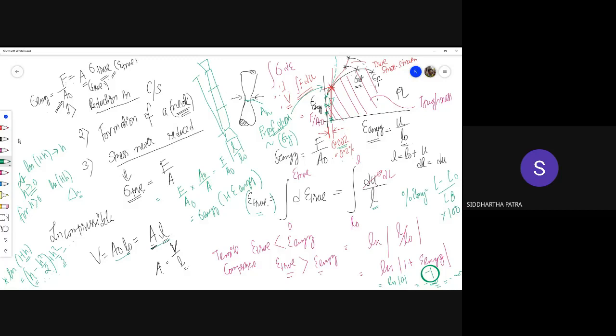So for percentage reduction in cross section, what we do is we take the original cross section area, subtract, because the original cross section area is the larger quantity, the narrowest part of the neck, and divide by A0 and then multiply by 100, and that gives us the percentage reduction of cross section. So both are measures of ductility. The higher the value, the higher the ductility. That's the idea. Okay, so these two things I forgot to mention.